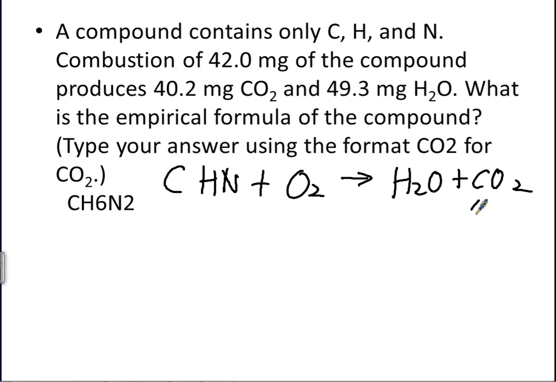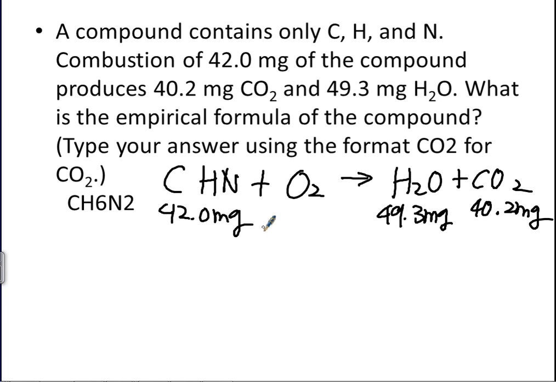So you have 40.2 milligrams of carbon dioxide and 49.3 milligrams of water. What is the empirical formula of the compound? Okay, first of all, you say, I know this is a combustion reaction, and the combustion reaction only has components for oxygen, water, and carbon dioxide, right?